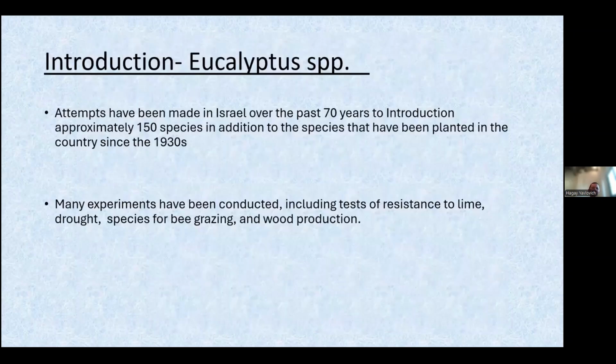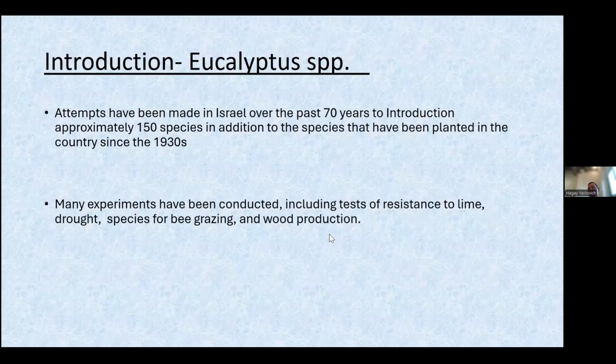As an example for introduction, in Israel, we have a lot of eucalyptus. Eucalyptus is a very good genus, and there are many species in this genus. In Israel, we tried many species, something like 150 species and even more. And we made many experiments about eucalyptus resistant to limestone, resistant to drought, species for grazing, species for wood production, and so on.